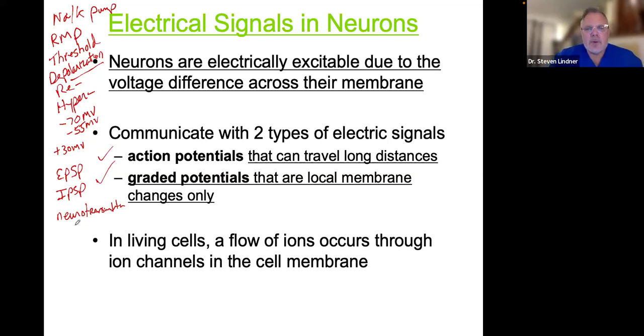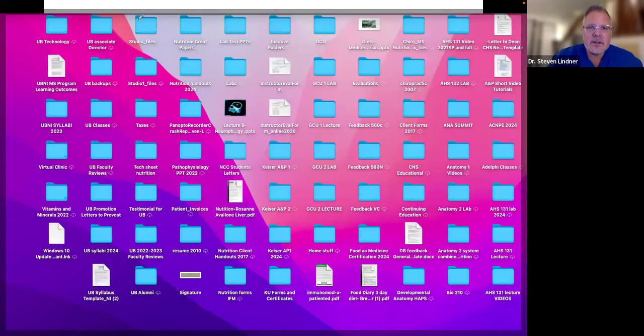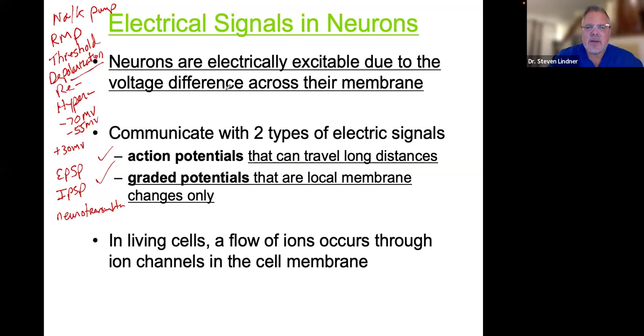We're going to start with neurons and electrical signals in neurons. Let's review that in terms of neurology, there were different types of cells that made up the neural system: the neuron and neuroglial cells.